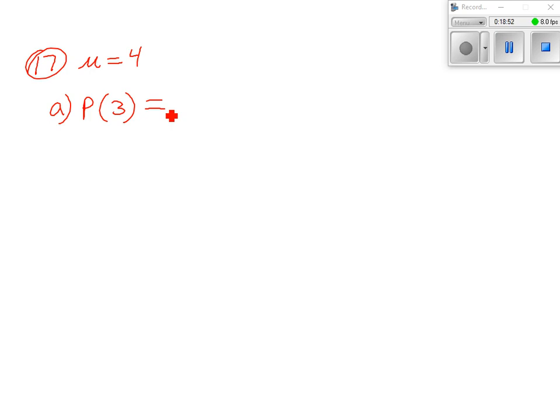Hope when we start reviewing this, you guys remember this all a little better. What are we going to push on our calculator? That word PDF. Right? What do we hit first? Second, vars. Just about every one of these that we've done this chapter, what do you hit? Second, vars.